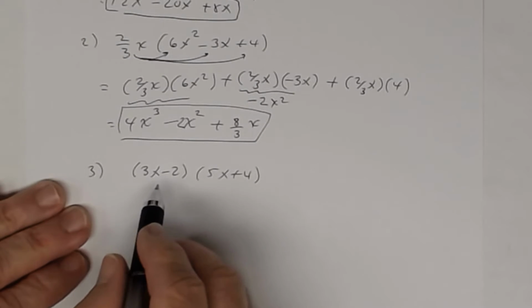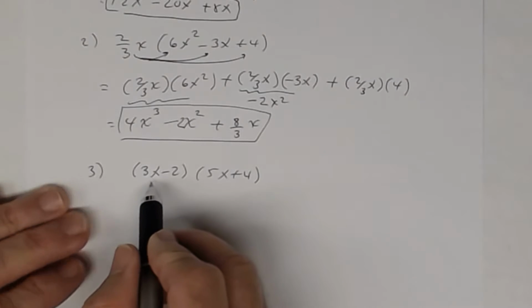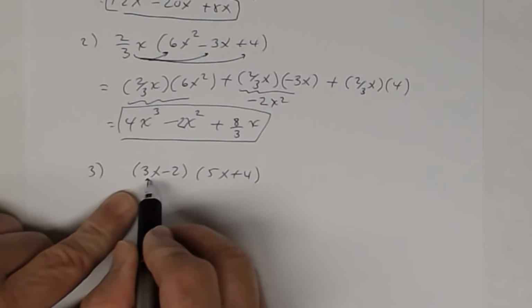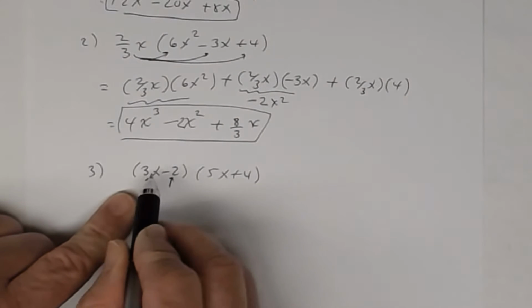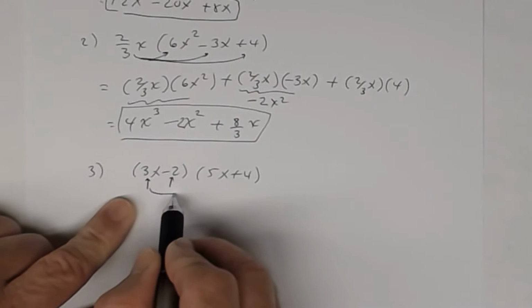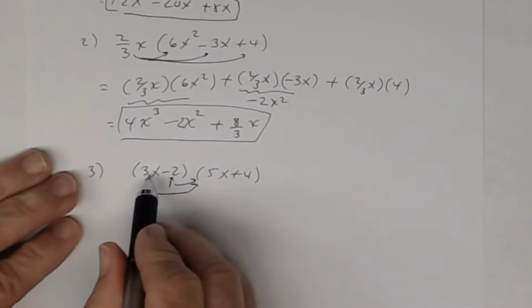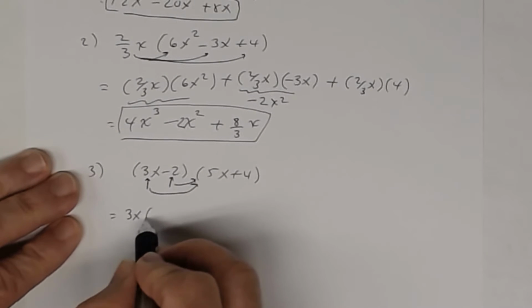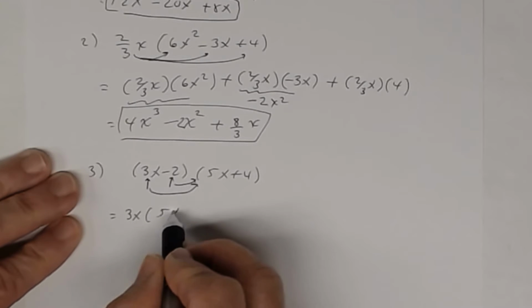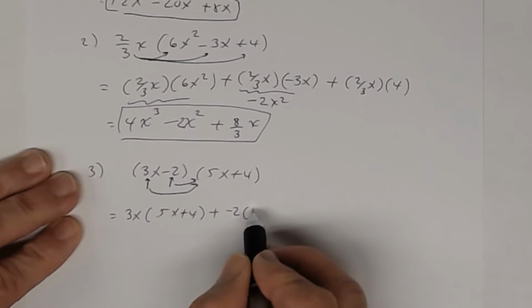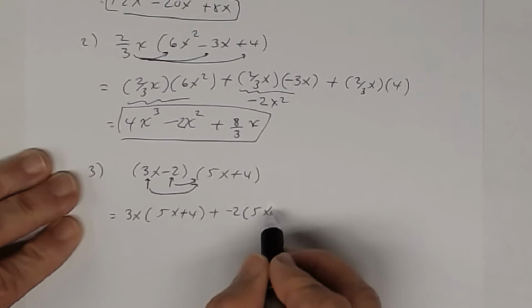The first approach, remember what we did, in terms of using the distributive property, we took each term in that first polynomial and multiplied it by the second polynomial. In other words, you're going to say 3x times that second polynomial plus a negative 2 times that second polynomial.